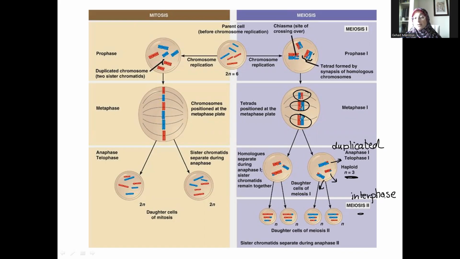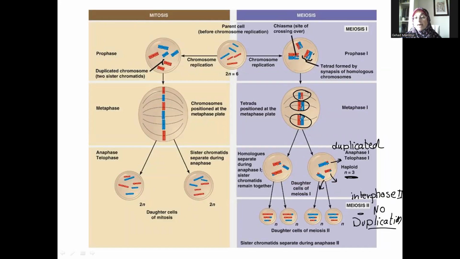In interphase, we are used to having the chromosomes or the DNA molecules duplicate themselves. But in interphase 2, which is interphase of meiosis 2, there will be no duplication. Why isn't there duplication? Because at the end of meiosis 1, the chromosomes are already duplicated.